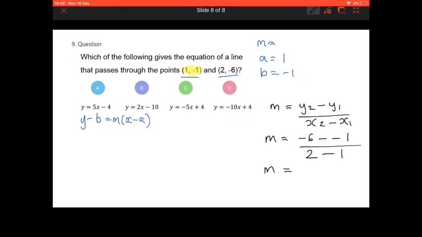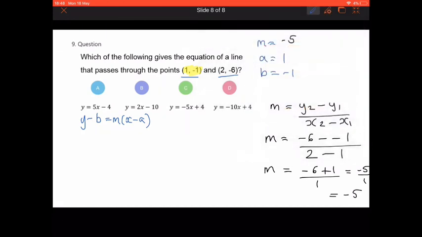Just be careful with this, -6 minus -1, that's going to be the same as -6 plus 1 over 2 take away 1, which is obviously 1. So in the top line that comes out as -5 over 1, which is -5. So gradient is equal to -5.